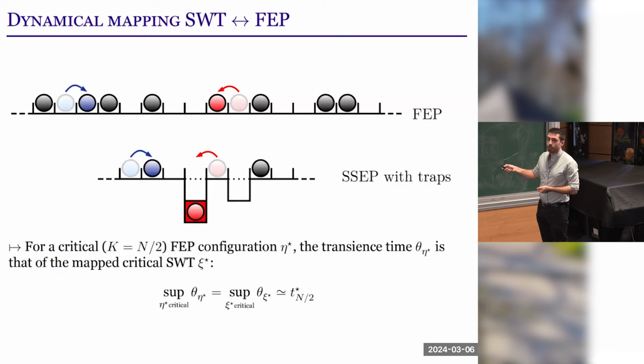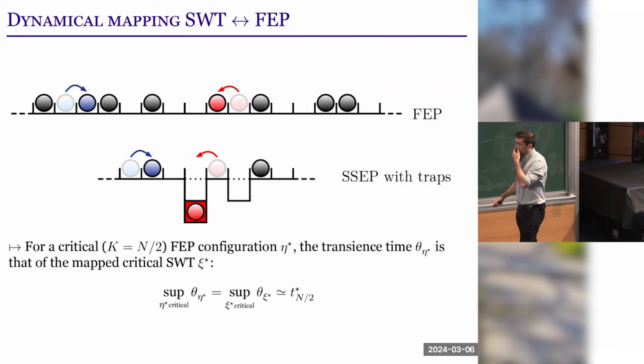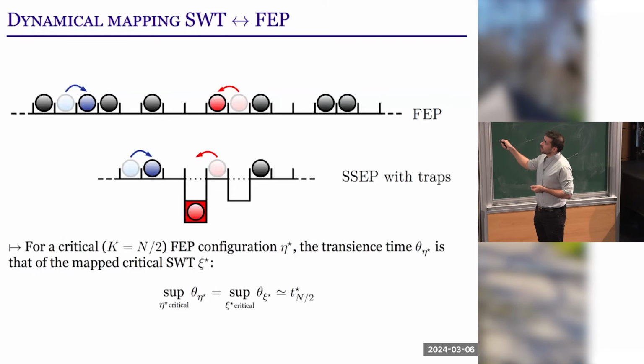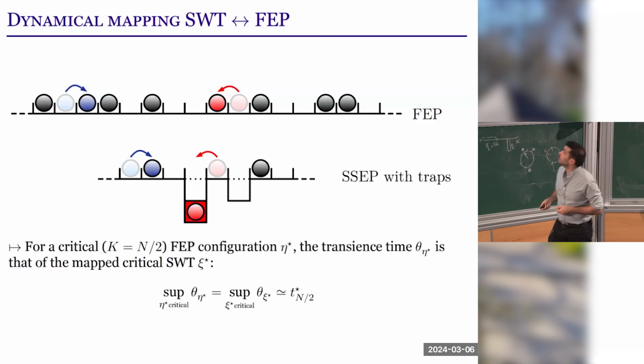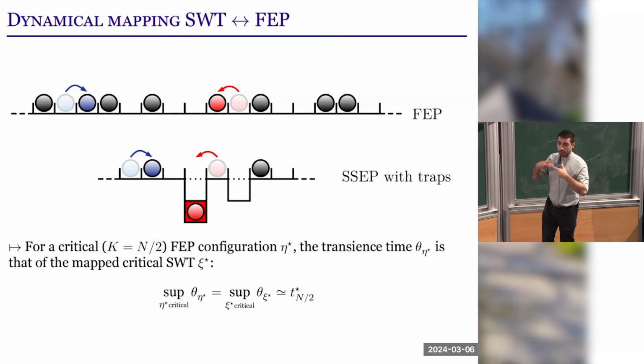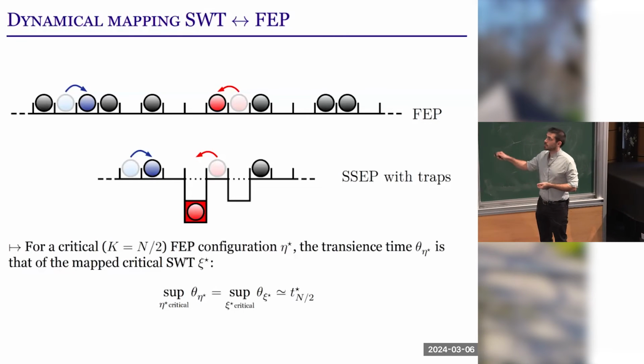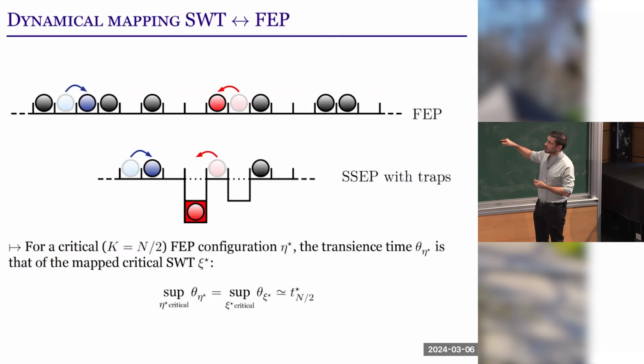And this one, we already know because of the previous result. Okay, this is just T star n over 2. So because of this mapping, you already know the time needed for the facilitated exclusion process, at least the critical one, to stop being transient, and it's going to be T star n over 2.